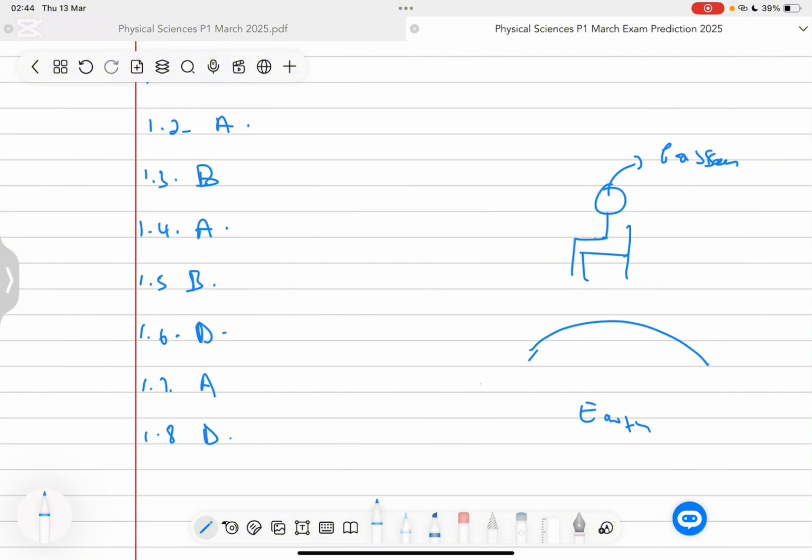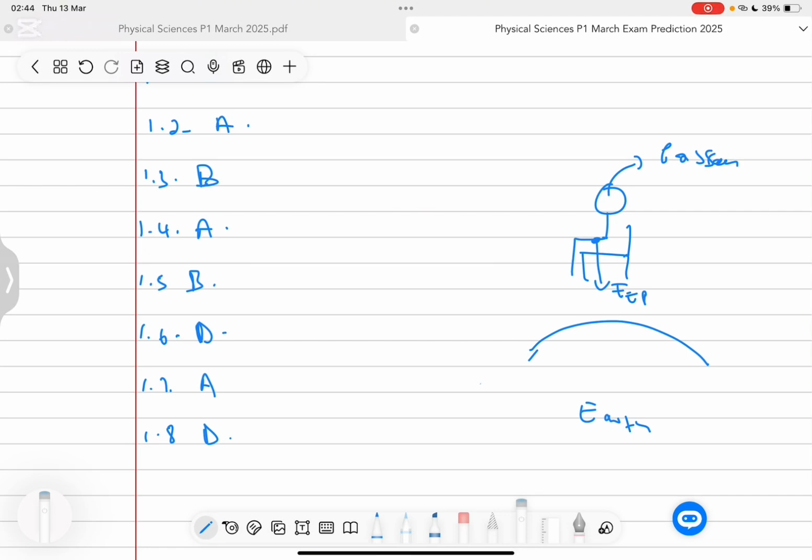So the Earth exerts a force here on the passenger. This will be the force of the Earth on the passenger. And this force is the gravitational force, as defined by Newton's law of universal gravitation, right? It pulls that passenger downwards towards the center.